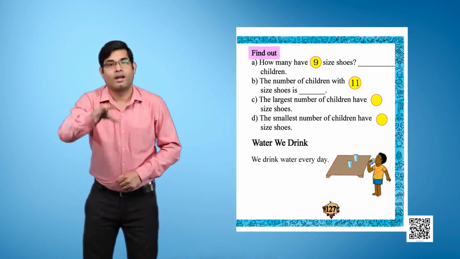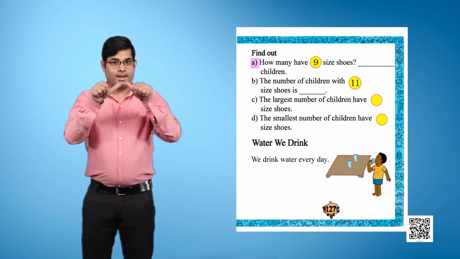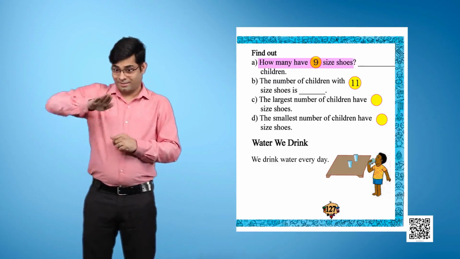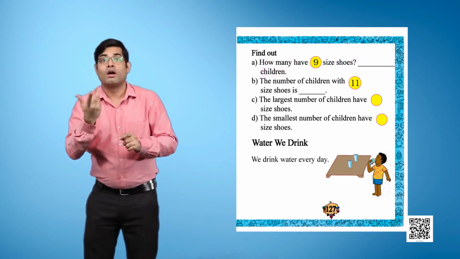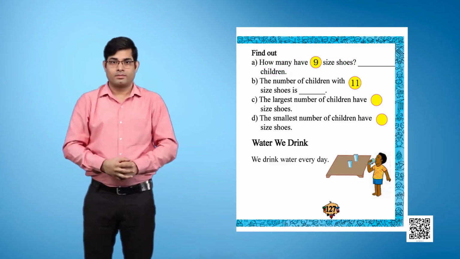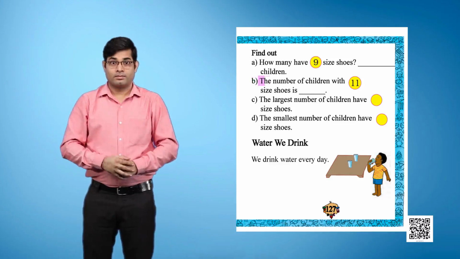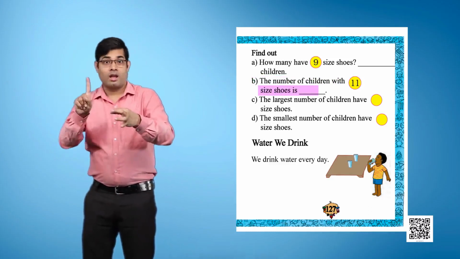Find out. Question A. How many have 9 size shoes? Dash children. Question B. The number of children with 11 size shoes is dash.